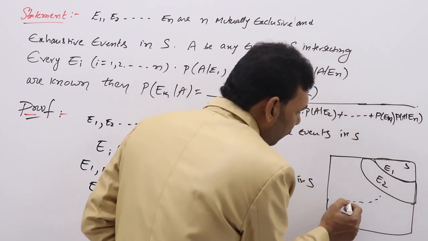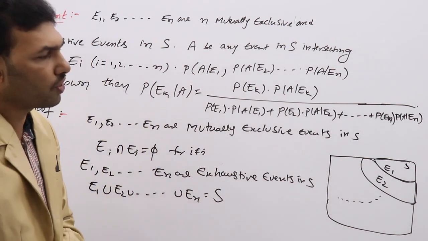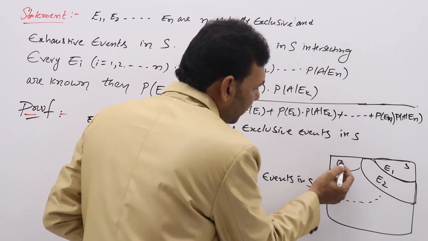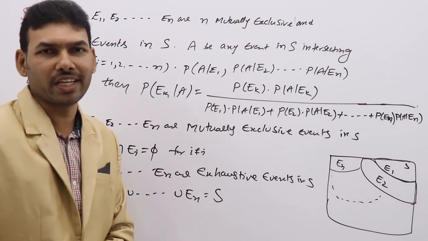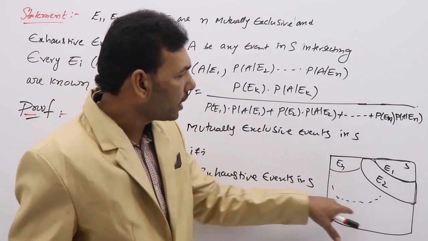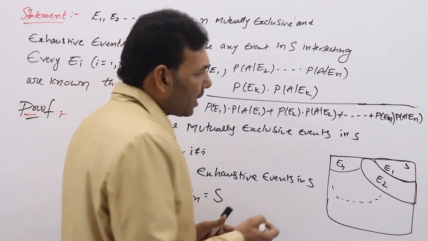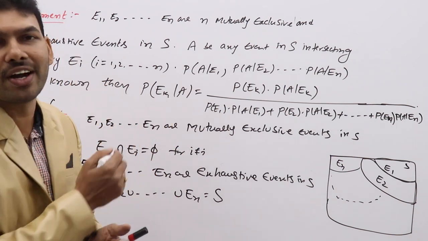Like this, we have n mutually exclusive and adjacent events, E1, E2, E3, so on up to En. They are not intersecting each other, but if you combine all E1 to En, you will get the sample space. And here, A is one event which is intersecting all E1 to En.